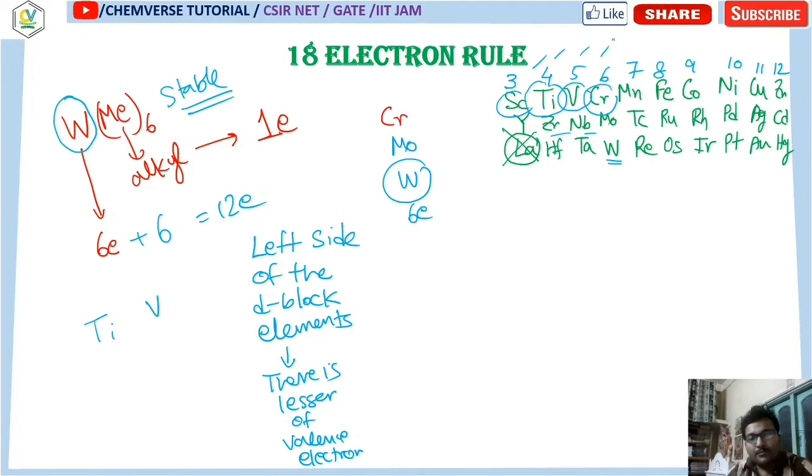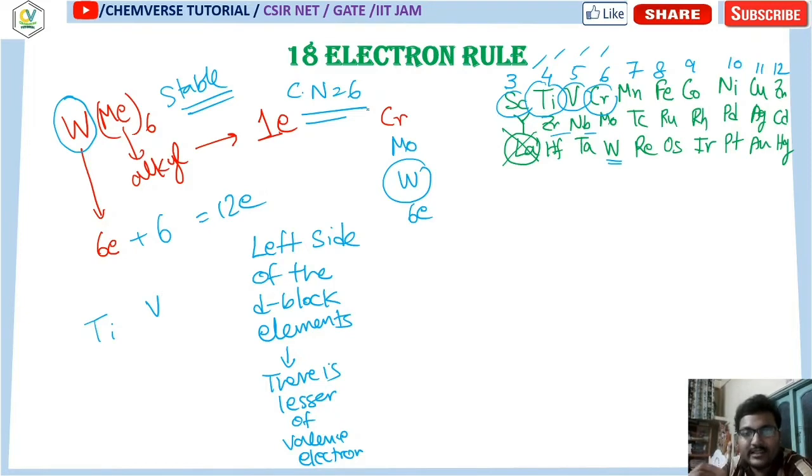If more ligands are there, the coordination number will automatically be high. Now the matter is that these transition metals are smaller in size, and the maximum coordination number that they can allow has a limit of 6. Beyond coordination number 6, they will not form a stable complex.